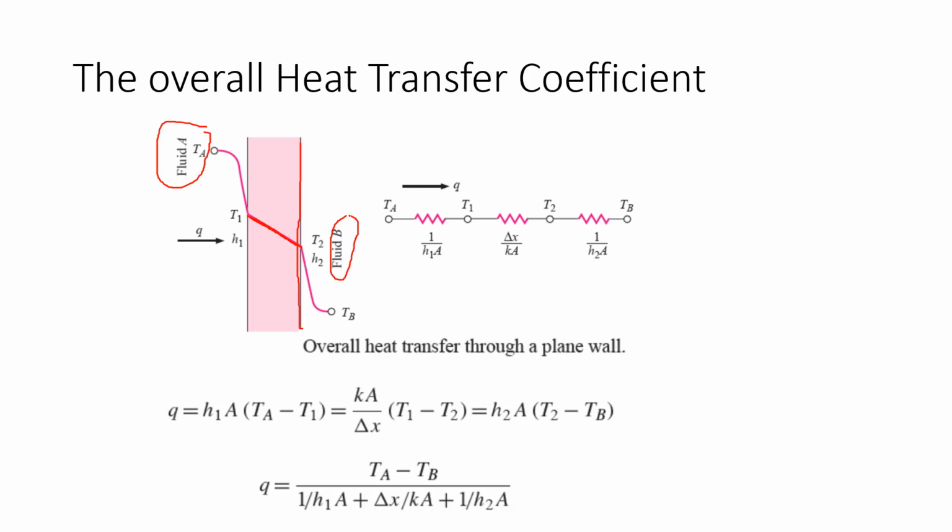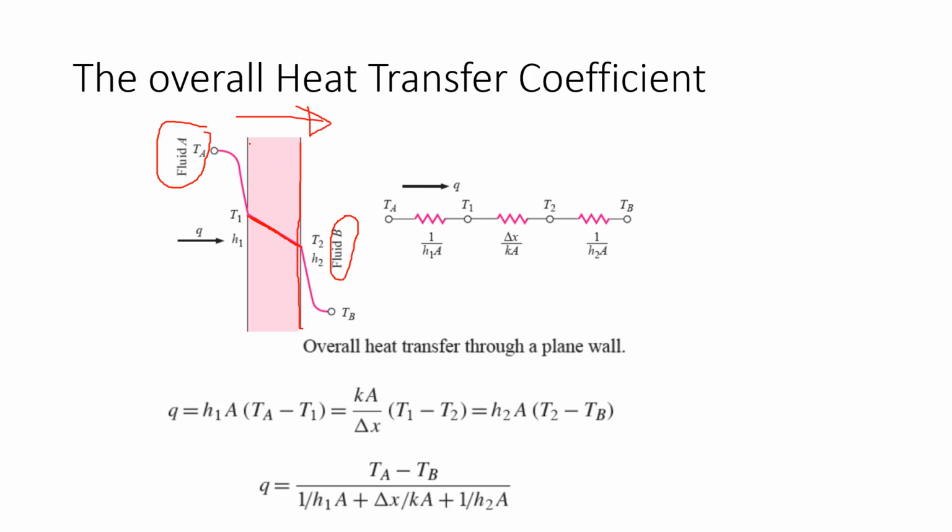So remember we have two different fluids, fluid A जिसका टेम्परेचर TA है और fluid B जिसका टेम्परेचर TB है. Remember we are assuming के temperature TA is greater than temperature TB, so direction of heat flow will be from left to right.